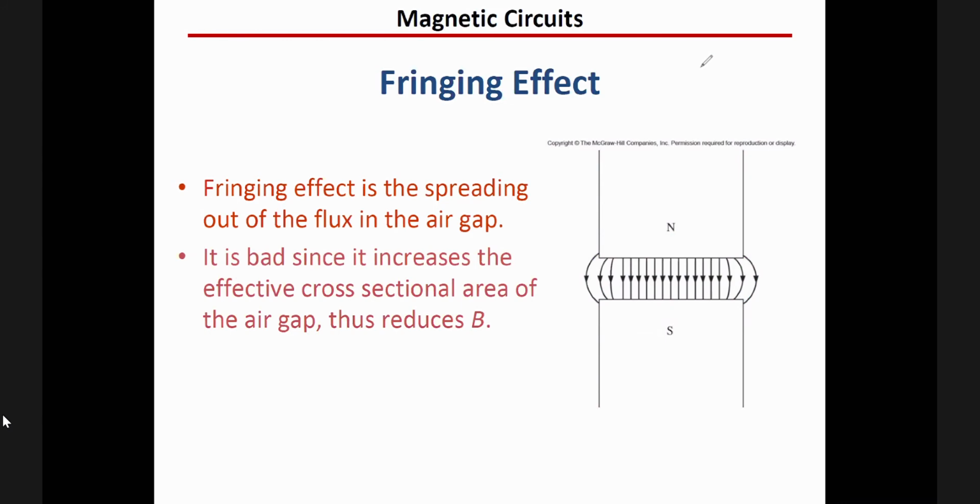But if it is mentioned, you need to include it in your calculation. If it is not mentioned, you don't worry about it. So, doctor, we multiply 1.05 times the area. The area you mean is the cross-sectional area of the core? Yes, the area of the core here.